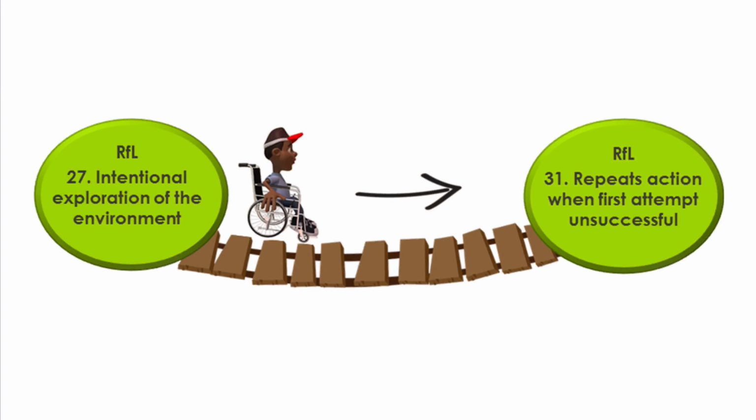My own view would be that in a practical sense, engagement acts as the bridge between the pupil and their outcome. If you look at this very simple diagram, it has 2 steps here from the Roots for Learning assessment framework. The intentional exploration of the environment and repeating an action when the first attempt is unsuccessful.